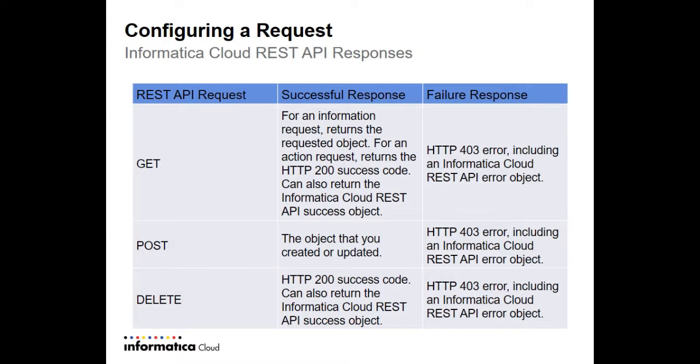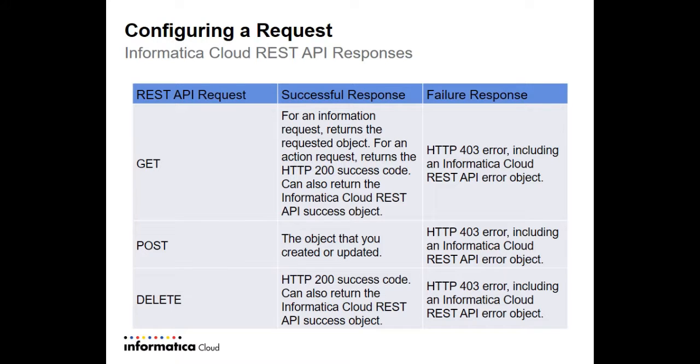Let us discuss the different types of response codes and what their inferences are for different types of request methods. For method type GET, if the request type is an information request, then a successful response returns the requested object.